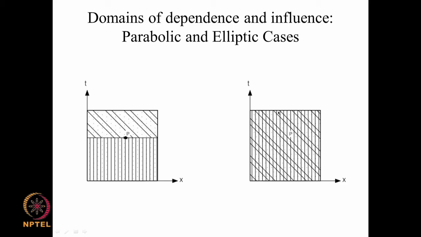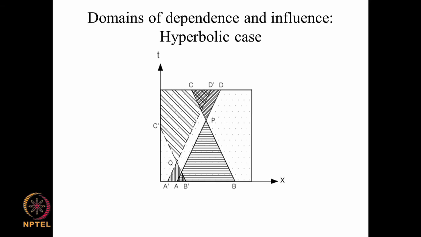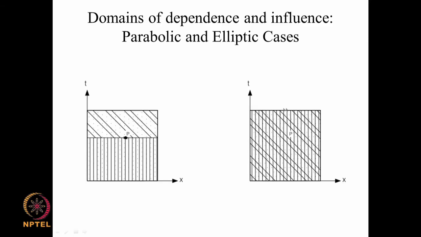So if you have a second order partial differential equation, the boundary conditions that you should specify for a proper solution depend on whether you have an elliptic type of problem, a parabolic type of problem, or a hyperbolic type of problem.